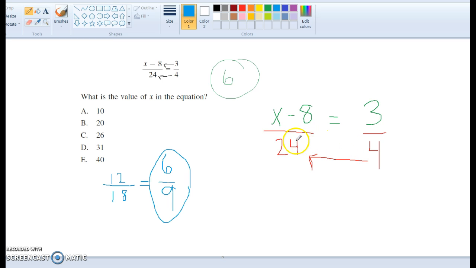If I'm using 6 to go into 24 4 times, I'm going to have to use something that will go into this, where 6 will go into this 3 times, okay? So what is 3 times 6? It's 18, right?